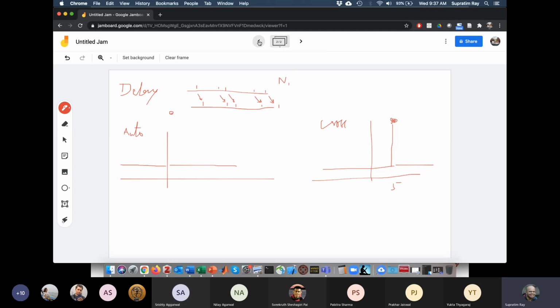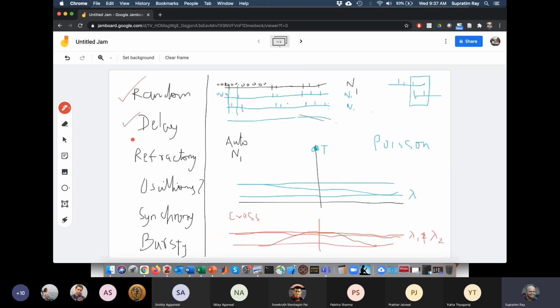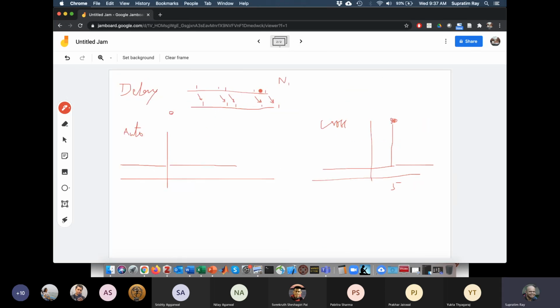If there is a refractory period, what happens? So why would a refractory period have any effect on the cross correlation? What about autocorrelation? No, right?